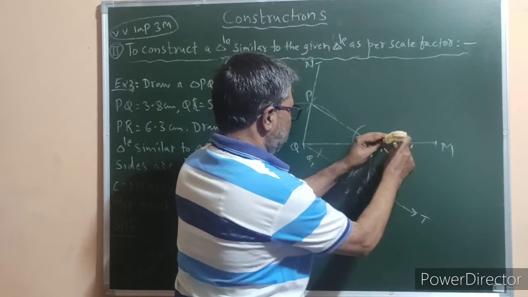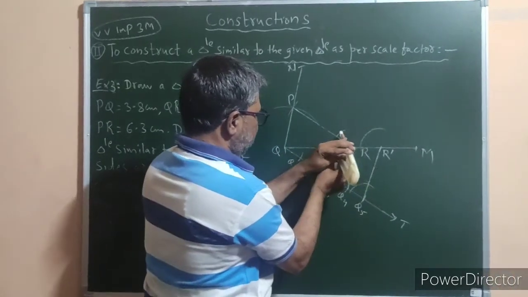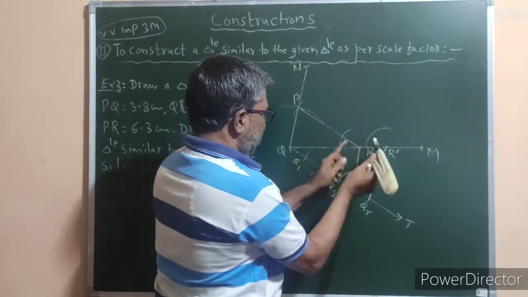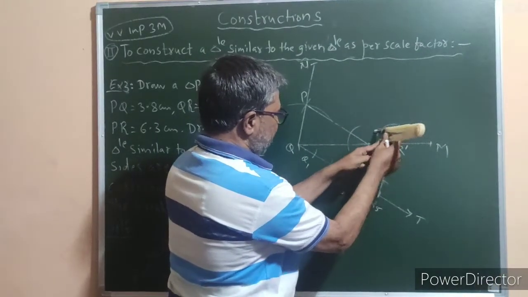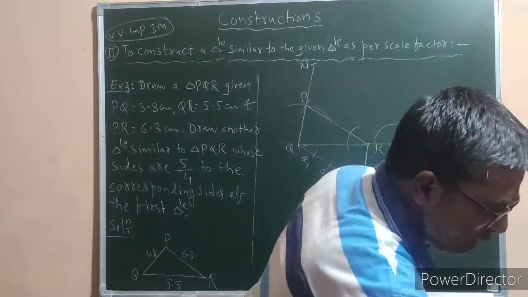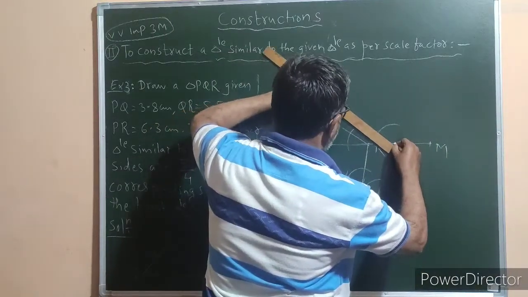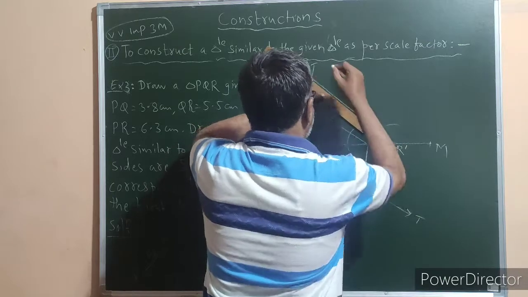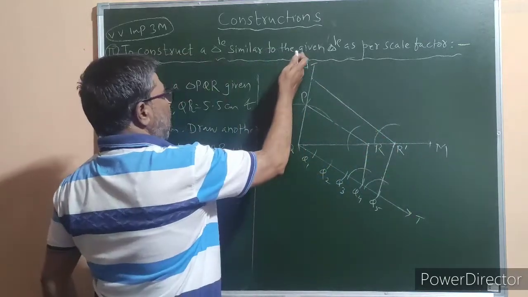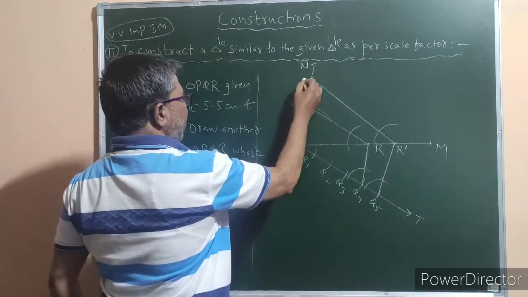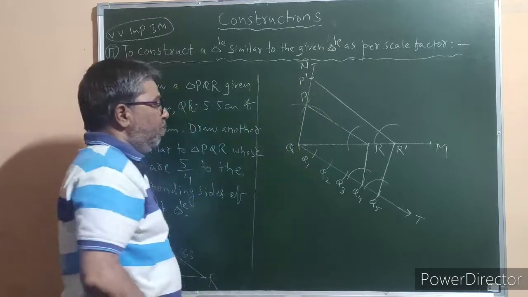So this is what we are doing. Okay, now take the distance in between, assuming this point as center, cut the arc to get one point. This is all mechanical work. Draw a line joining that point and R dash, extend it up to QN to meet at one point, call that point as P dash.